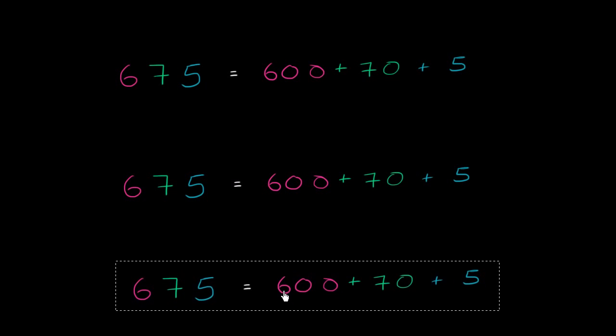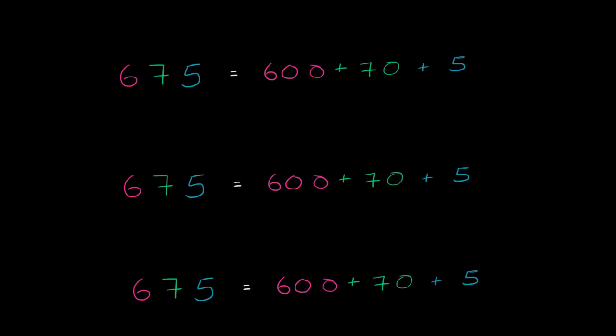So one thing that we could do is regroup from one place to the next. For example, we could take 1 from the hundreds place. Taking 1 from the hundreds place will make this a 5, but that's essentially taking 100 away, so this is really making this a 500. And we could give that 100 to the tens place.